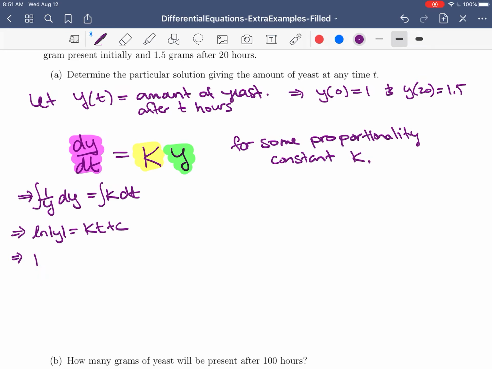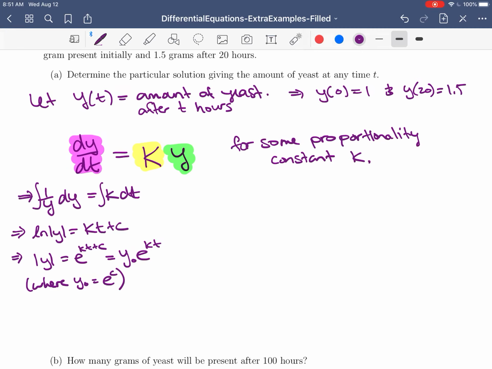Okay, so then if I solve for y, it's going to be e to the kt plus c, which is actually, I don't want to use k again, let's call it y0. So some constant, y0, times e to the kt, where y0 is equal to e to the c. So that's our general solution.